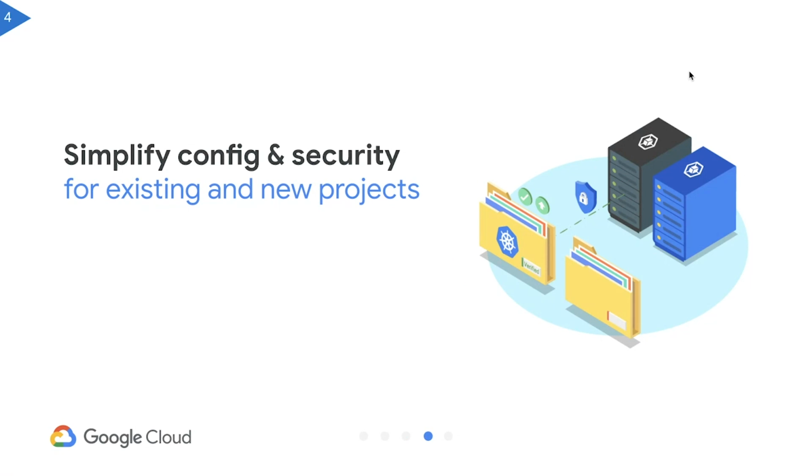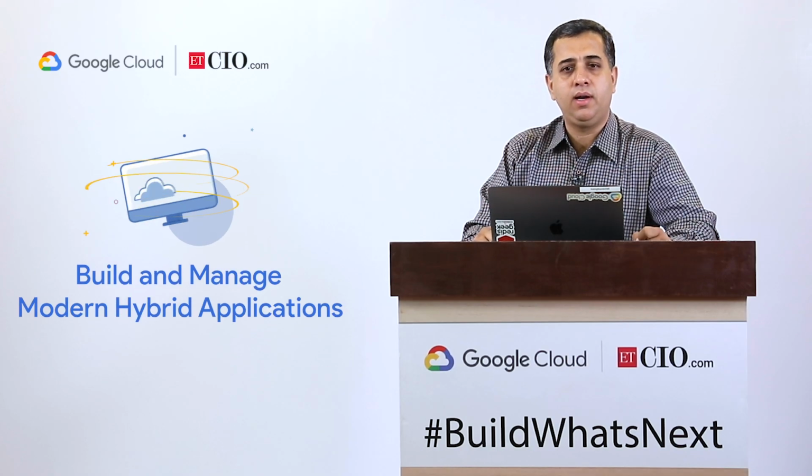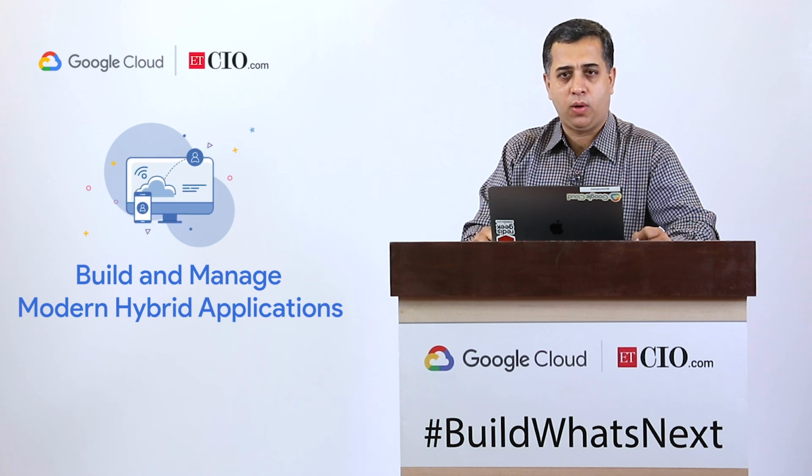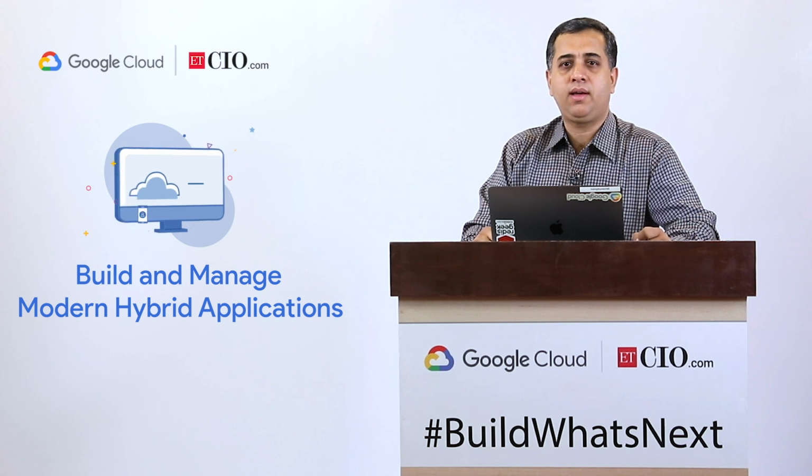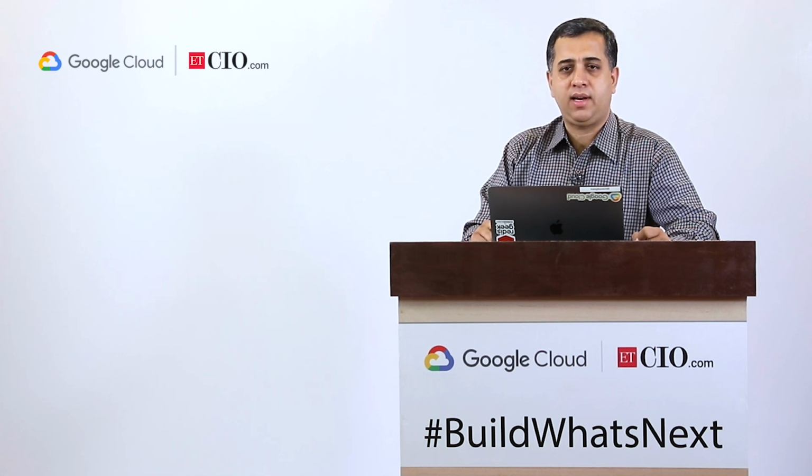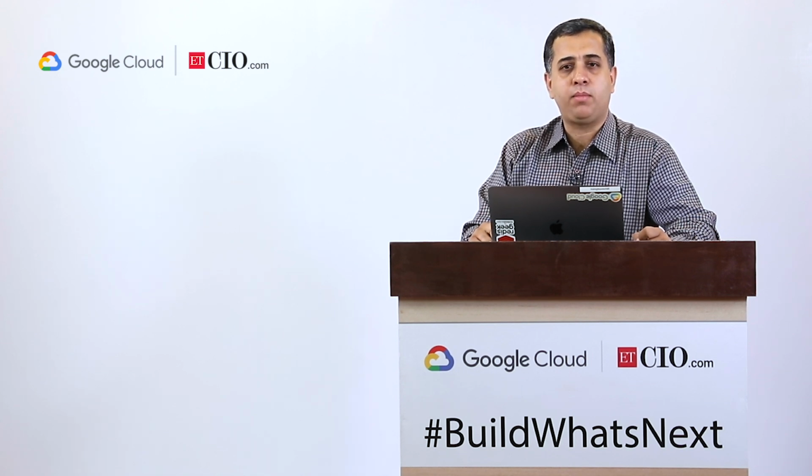You can choose to have security and config policies for your existing as well as new projects. So essentially, taking the example that I quoted earlier, if you would like to ensure that developers do not get access to production system, you can create a rule stating that, and the Anthos config management would push that rule to both on-prem and the cloud at the same time.